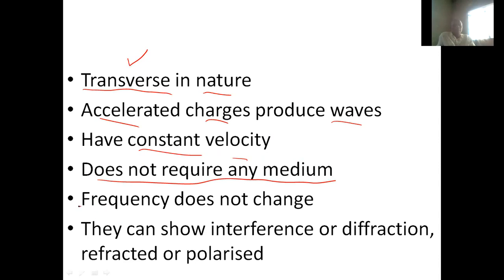The change in frequency will not occur as they propagate. Electromagnetic waves can be interfered with. They can also penetrate through corners by diffraction. They can as well be reflected, and they can also be polarized.